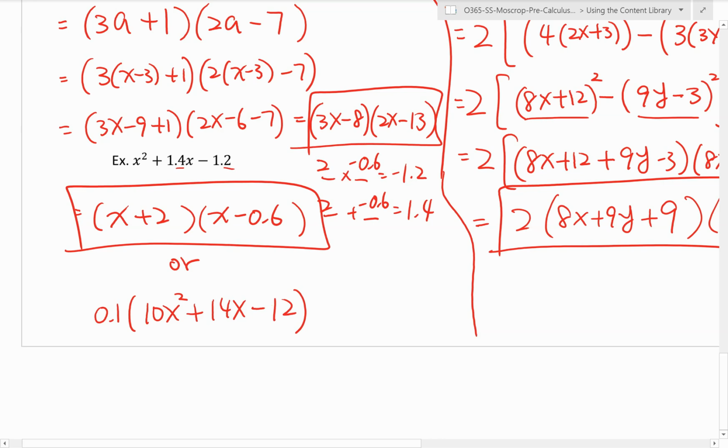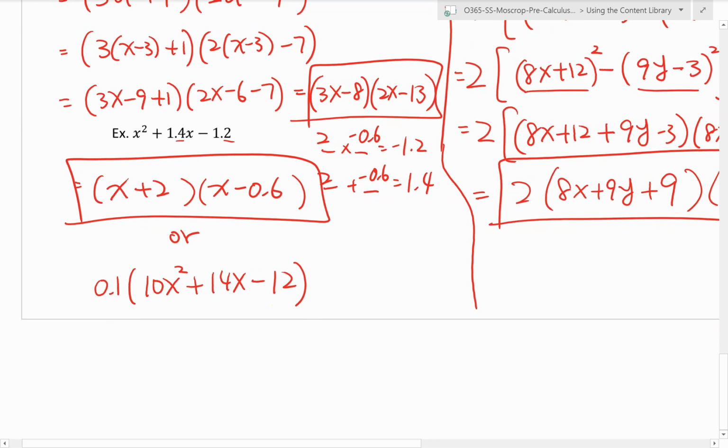And you can then factor the 2 out. So if you factor the 2 out, times 0.1, you get 0.2. And that's 5x squared plus 7x minus 6. I don't think this is faster. You're doing more steps. You know what? Never mind. Bad idea. You then end up with a complex trinomial. I would say just do it like that.